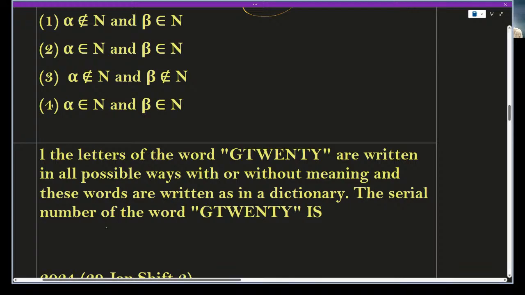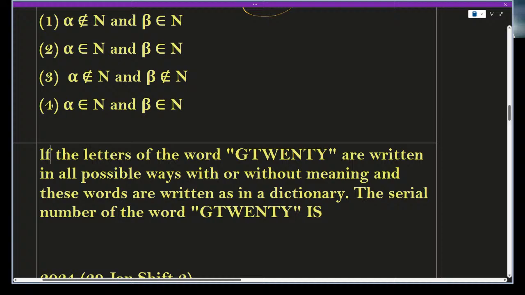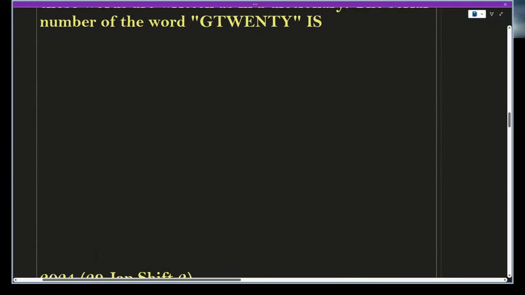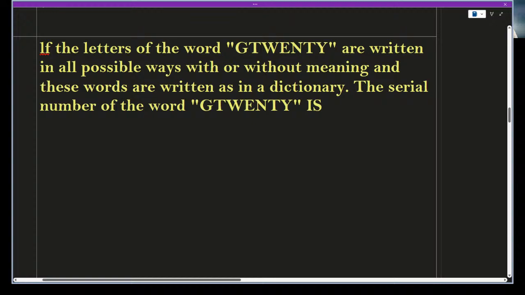If the letters of the word GTWENTY are written in all possible ways with or without meaning, and these words are written as in a dictionary, the serial number of the word GTWENTY you have to find.